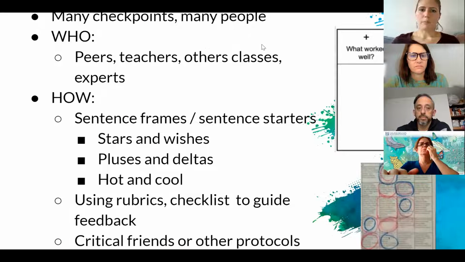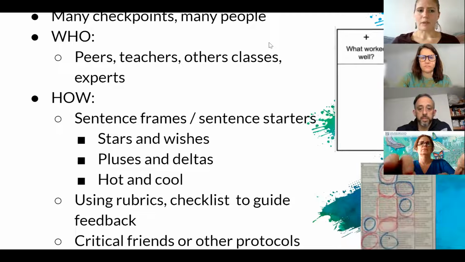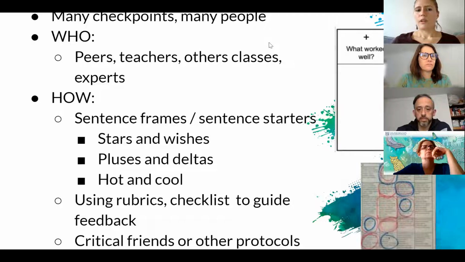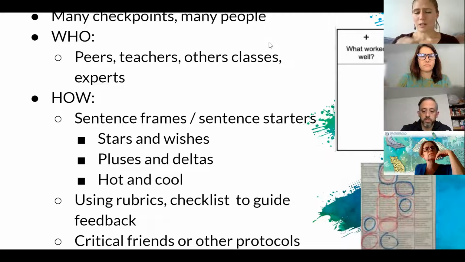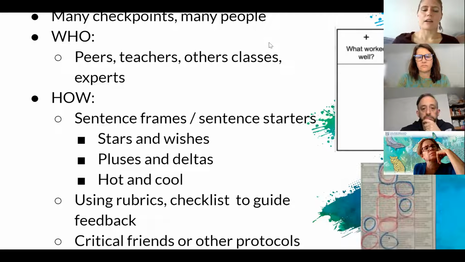So a couple ideas and strategies. Basically, many checkpoints, many people. So who? You can have peer feedback, peer critique, teachers, other classes, experts, Skype a scientist. You can get feedback and critique and revision from a lot of people.